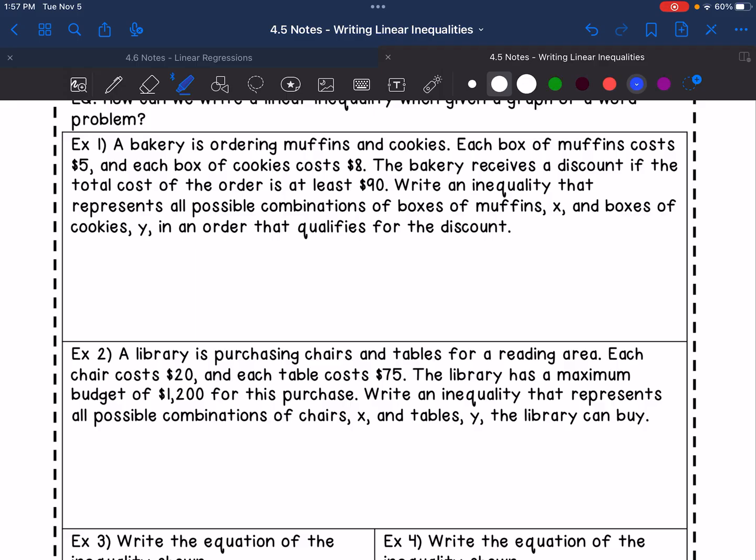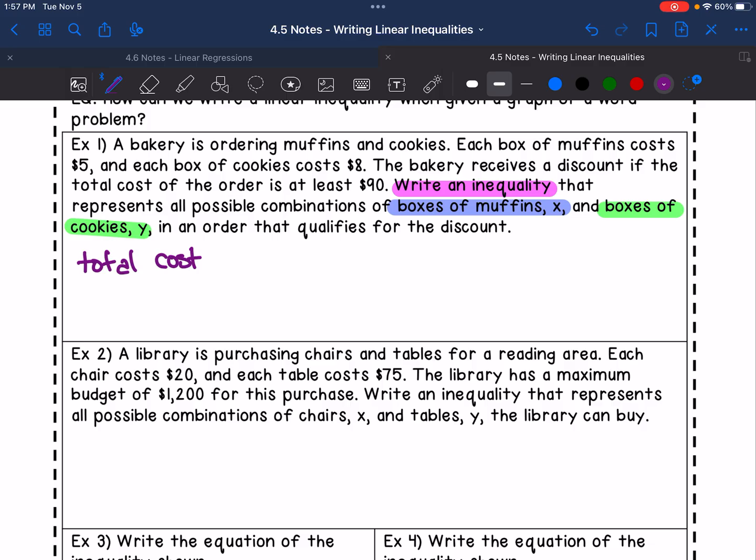All right, so first off, I noticed they want me to write an inequality, and it's supposed to represent the combinations of boxes of muffins X and boxes of cookies Y in order to get this discount. So I know that for my inequality, I'm going to have to figure out my total cost of the muffins and the cookies.